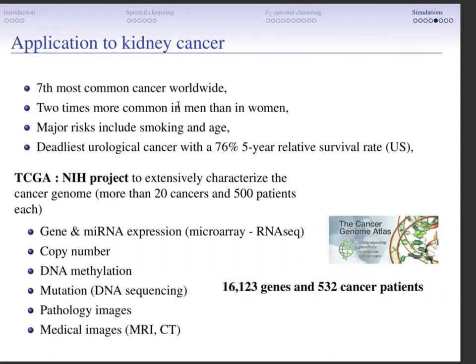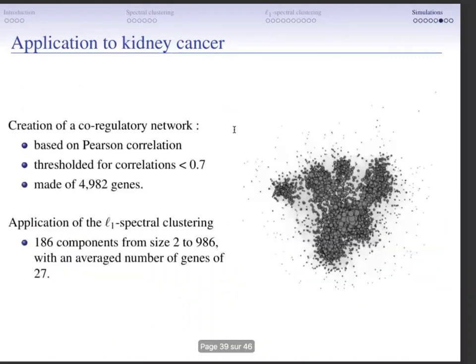I forgot to say that we focused on kidney cancer. So we applied the l1-spectral clustering to this kidney cancer data. First we need a network to do some clustering, so I created a correlation network.